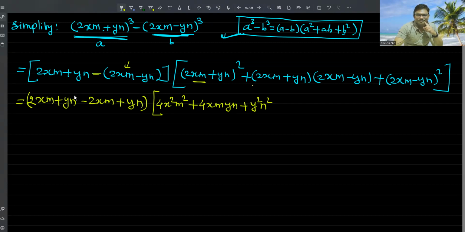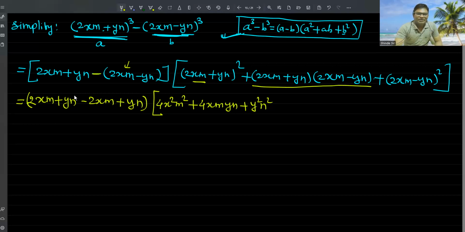Then you can see the second term here. We have the same numbers in the addition and the subtraction, and both these two brackets are in the relation of multiplication. So it is nothing but the expansion of a² − b², right?